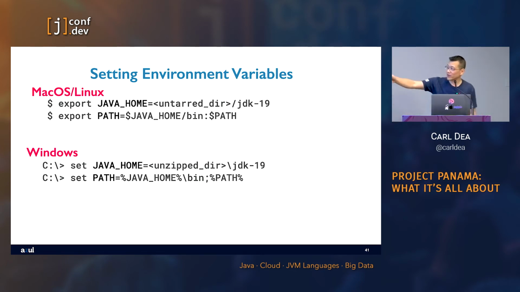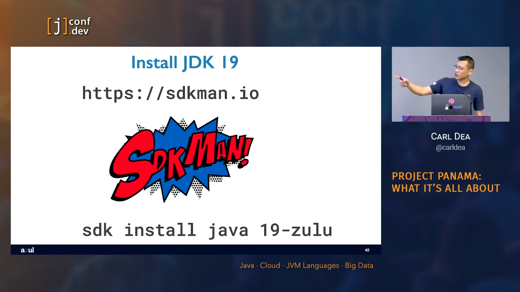And in Windows, there's the setup for that. So once you get that, or you could use SDKMAN, which a lot of friends use, but it's super simple. If you haven't heard of SDKMAN, it'll show you, you could pick any distribution, and I just chose ours. I'm a little biased.